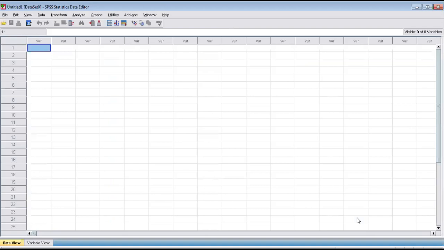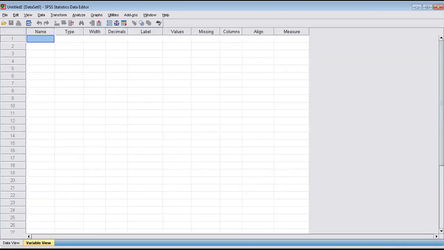All right. Now this is my SPSS. I hope all of you are able to see it. Now, first of all, I go to my variable view. Here, I have to define the variable, and I can list the variable in any sequence I like.